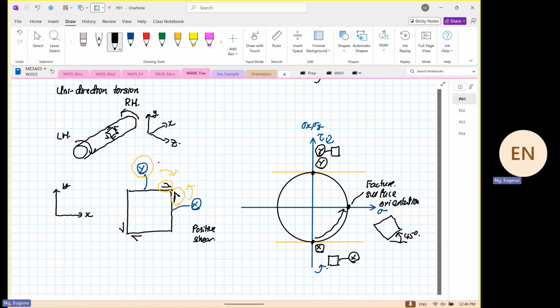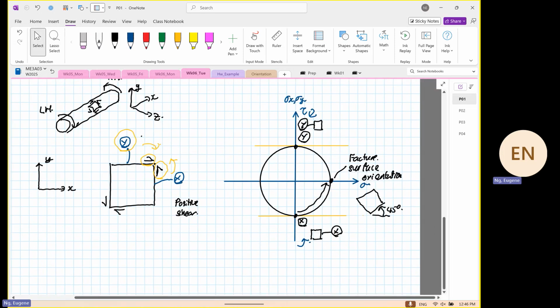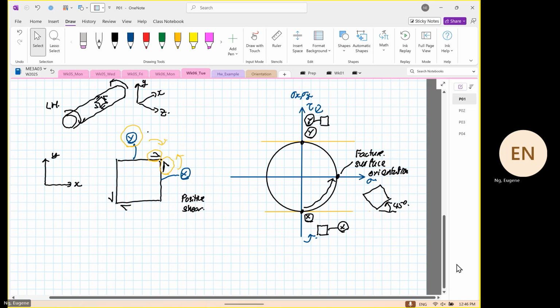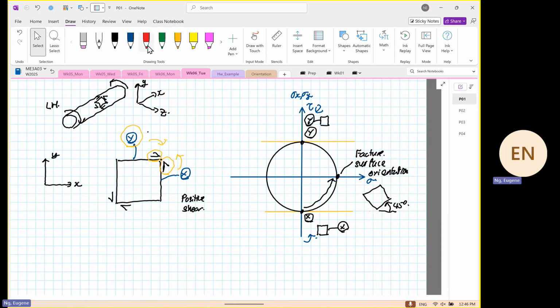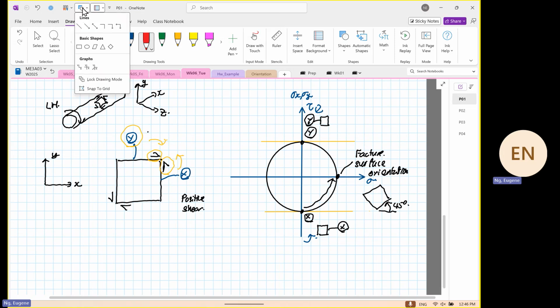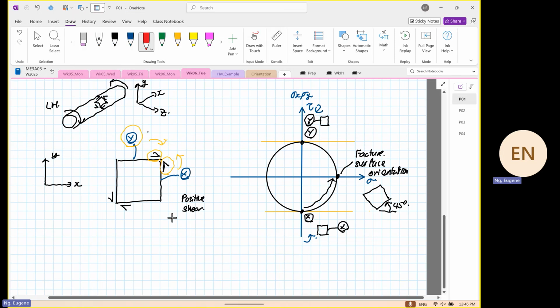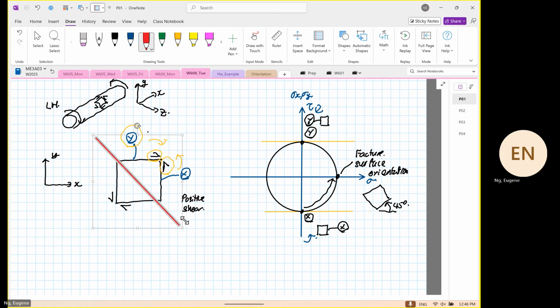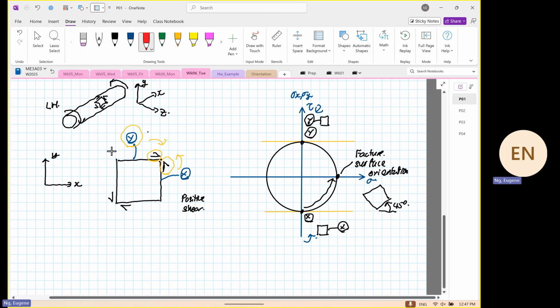When you see here now, we are going to anticipate 45 degrees from X. So we are going to say that the fracture plane will occur in this direction. The fracture plane will now occur in this direction.